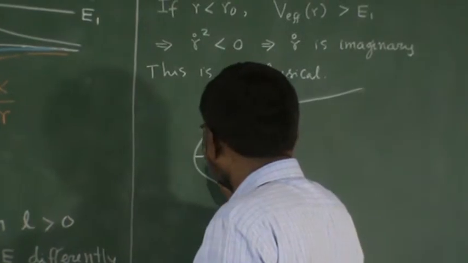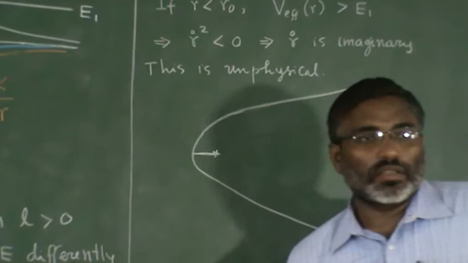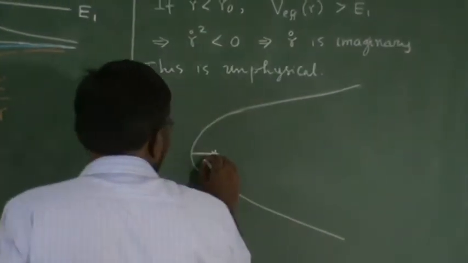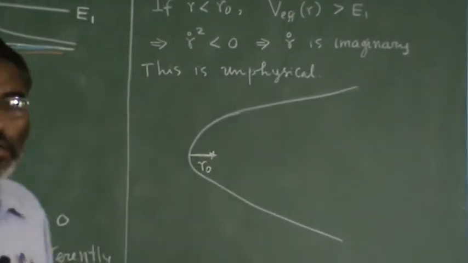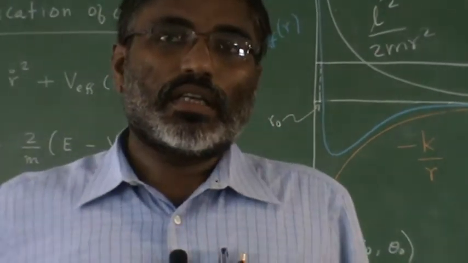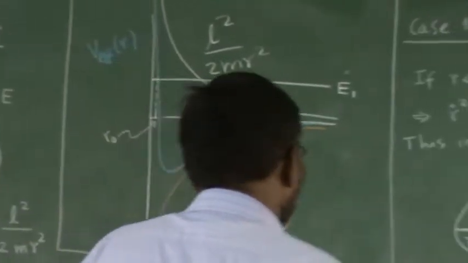This distance is called the distance of closest approach to the center of force, R0. This distance is R0. And this orbit is a hyperbola.